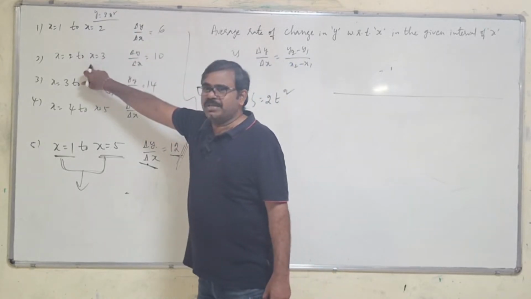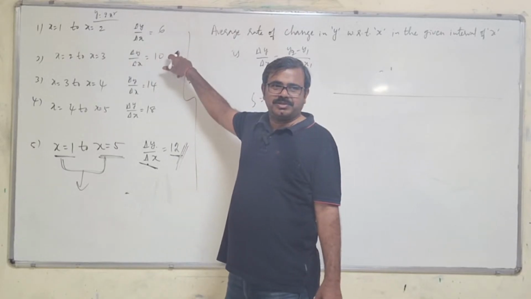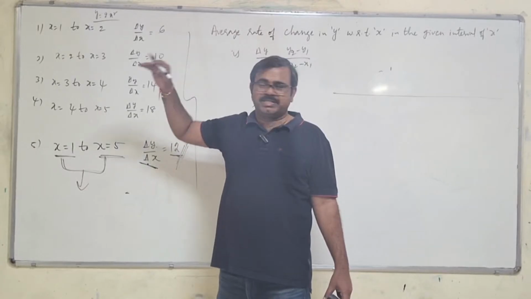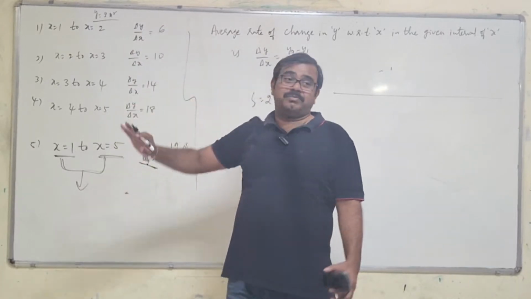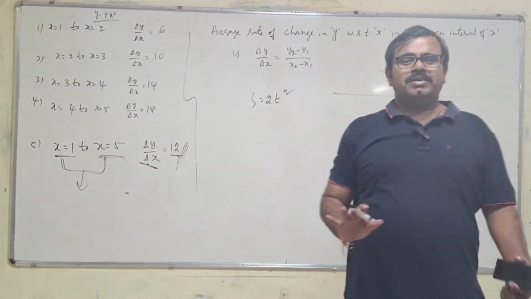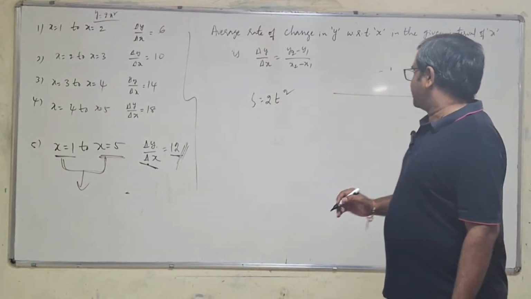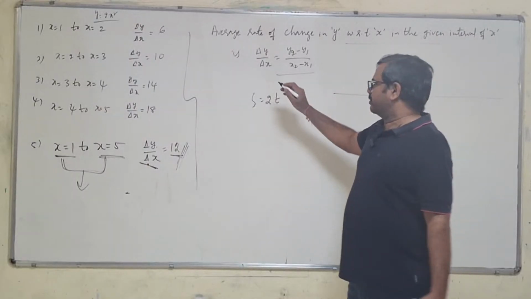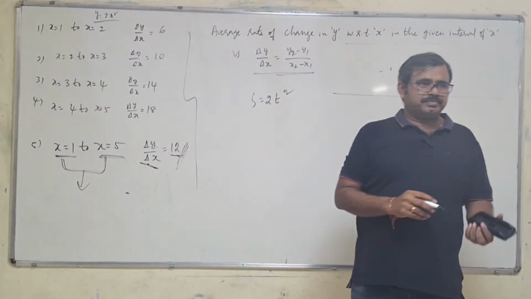Okay, between 2 seconds and 3 seconds, what is the distance covered? 10 meters. You understand this? So distance covered in every unit time, in every 1 second is not same. So this is the conclusion. Average rate of change in y with respect to x in the given interval is this.